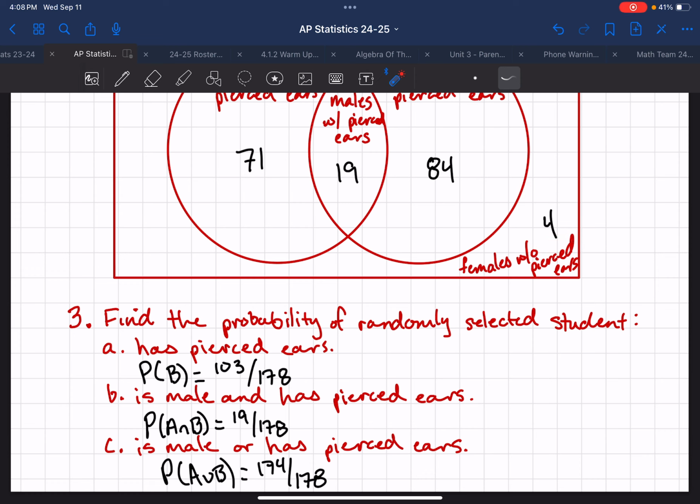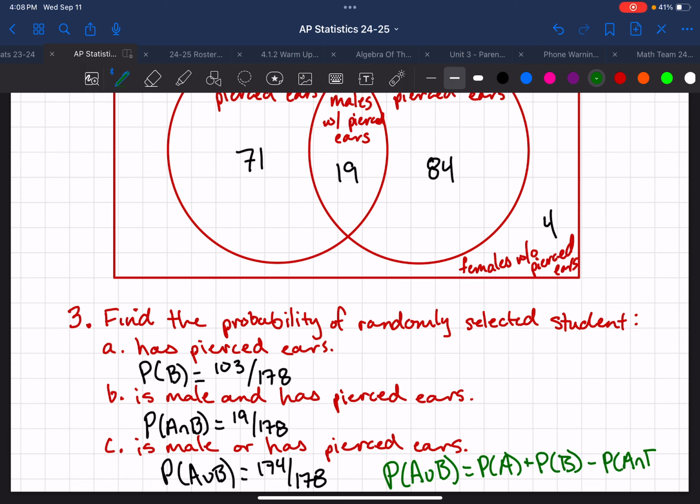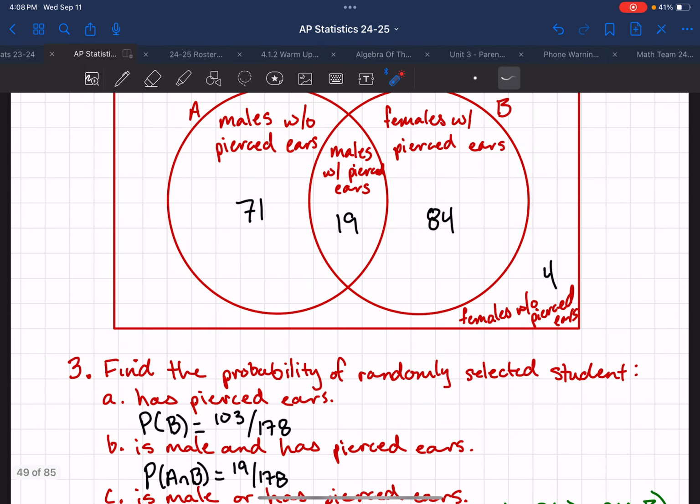Now, someone pointed out and asked, wait a sec, yesterday you were harping on us about this definition, P of A union B equals P of A plus P of B minus P of A intersect B. Well, the reason why is because if you were doing it this way, A is these 90 people, B is these 103 people, 90 plus 103 is 193.